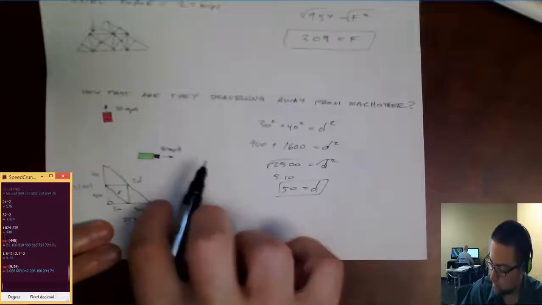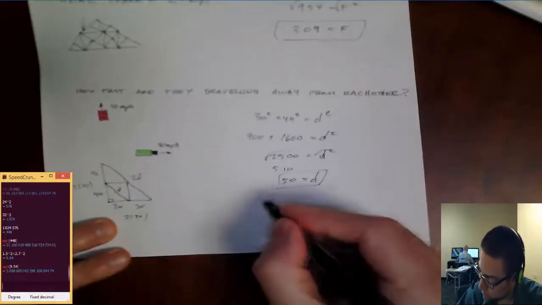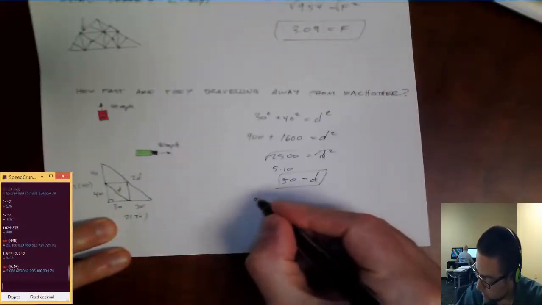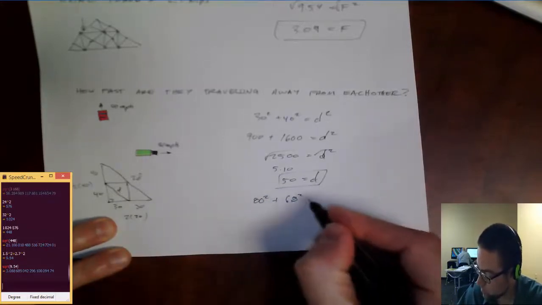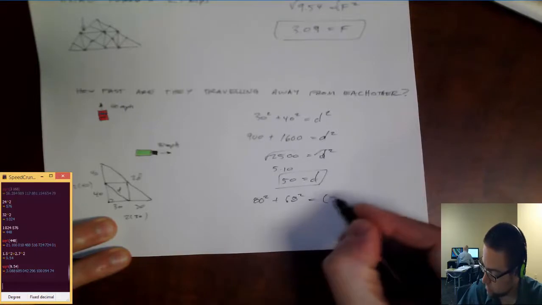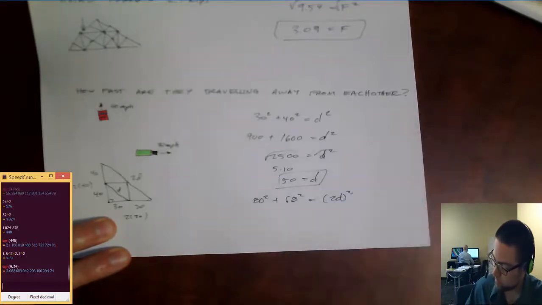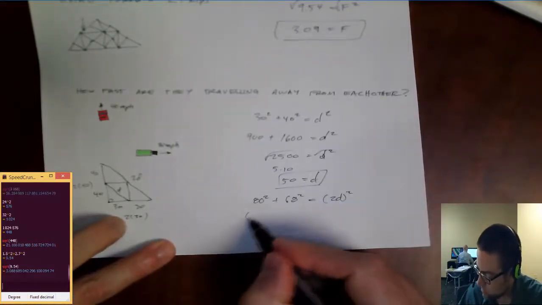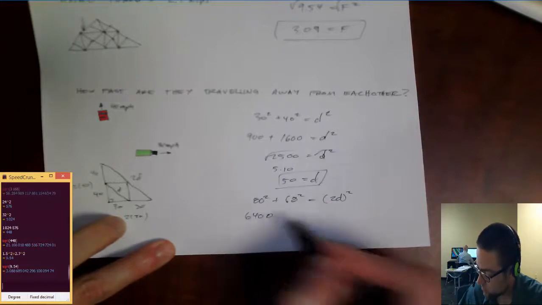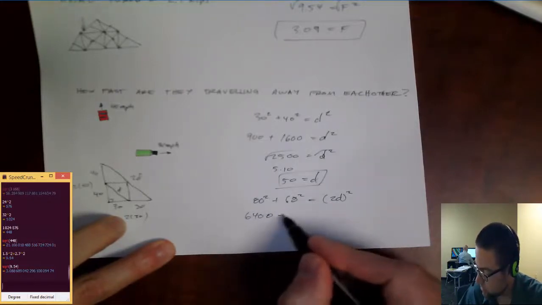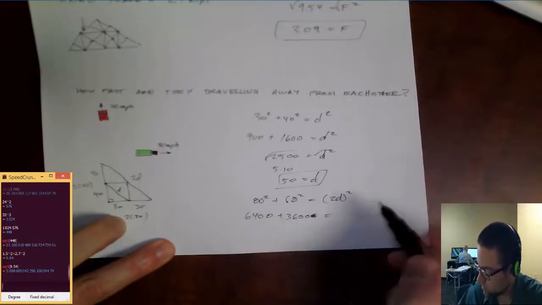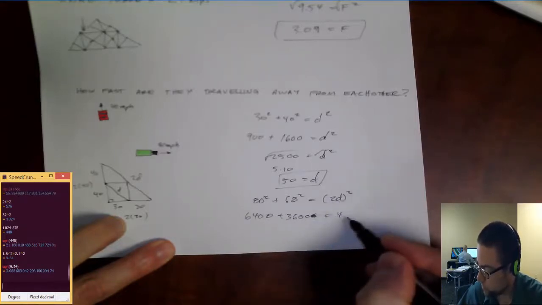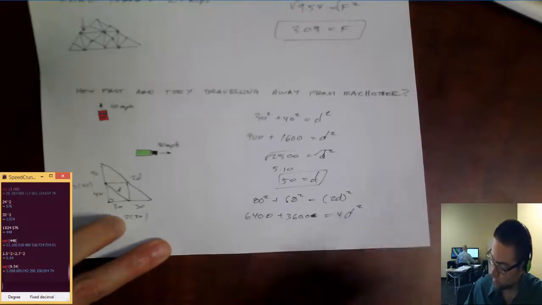So if it was 2 hours, how far apart would they be? Well, let's just try 80 squared plus 60 squared equals 2d squared, right? So this was 6,400 plus 3,600, oops, equals 2 times 2 is 4, d times d is d squared.